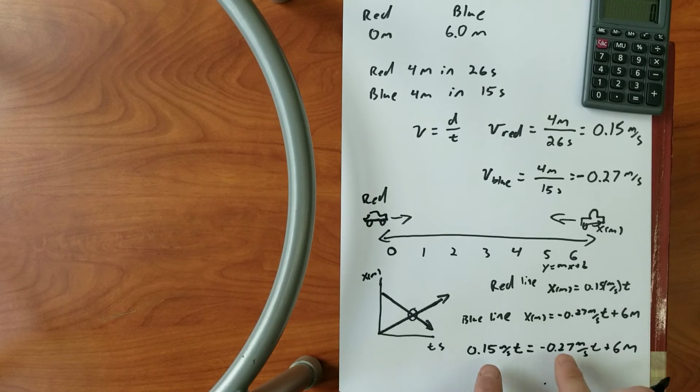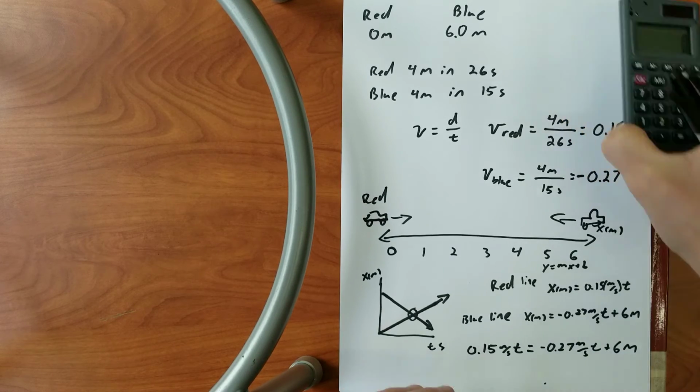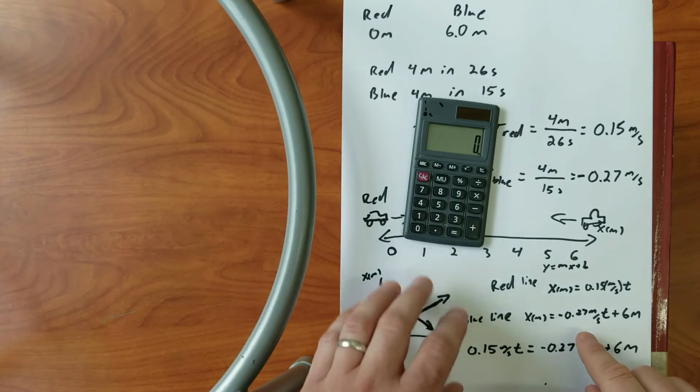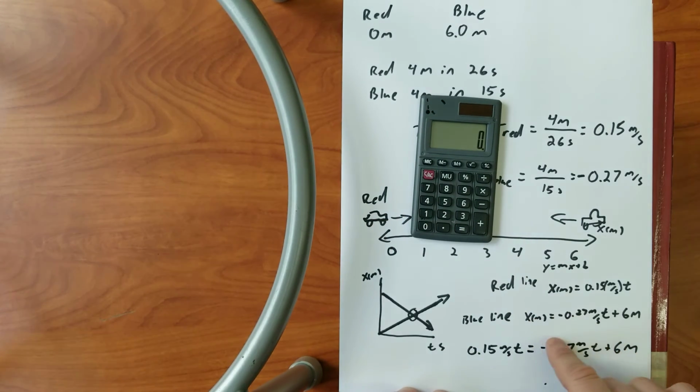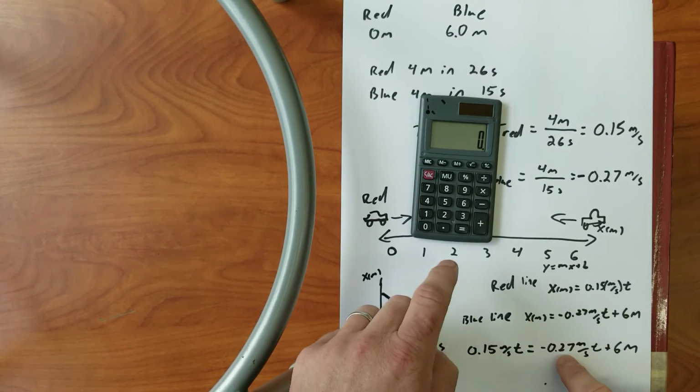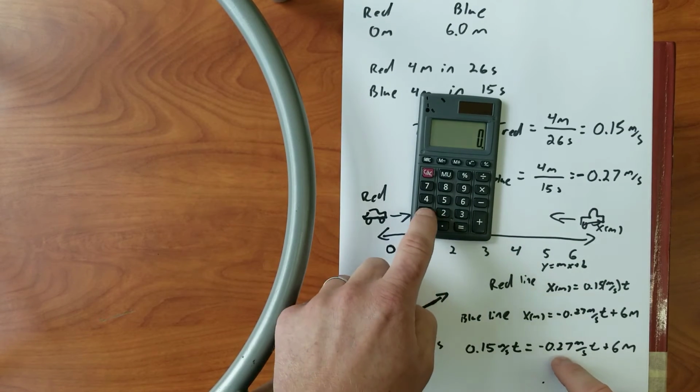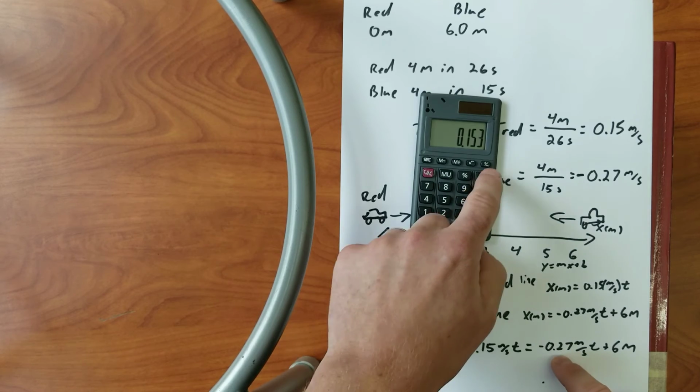Solving for t, I'm going to pull this t over here by adding it, right? So what is 0.15 plus 0.27? Because I'm adding that over.